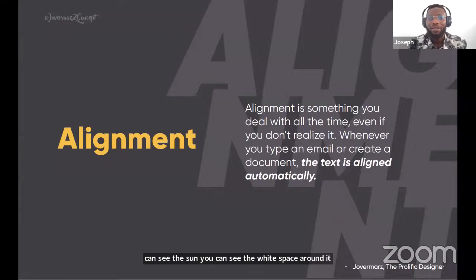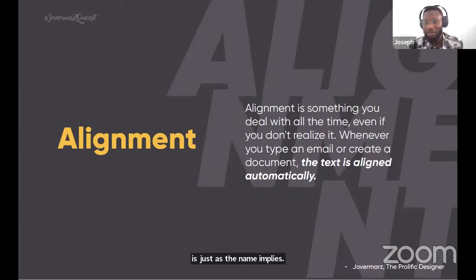And then alignment. I think alignment should be one of the easiest principles to understand because it's just as the name implies. You use it all the time. You align text to the right, you align text to the left, or center alignment. It's just how you align your text.